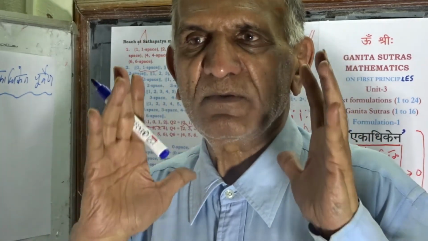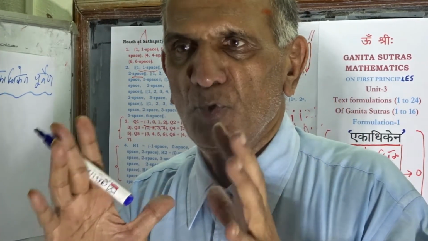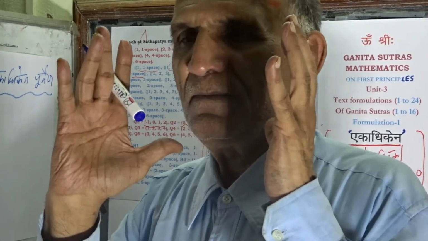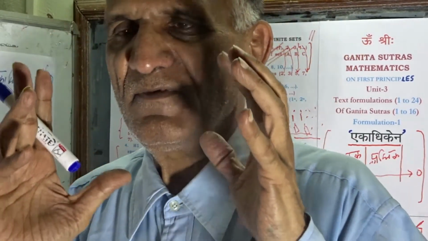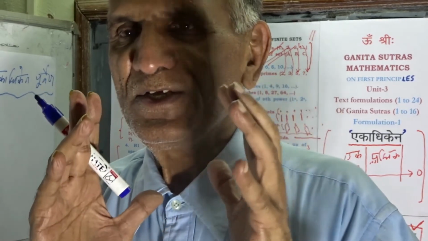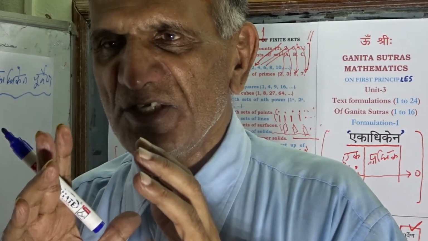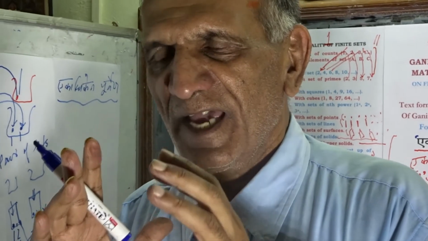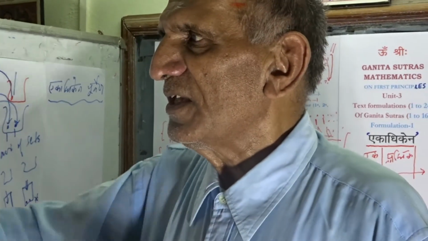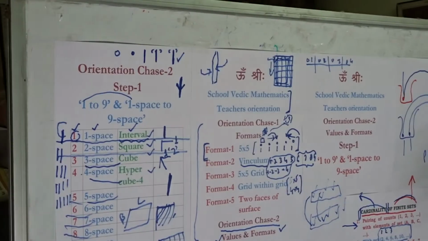So the best of the best mathematicians you are, and the top intelligence is awaiting for you, provided you are very sincere friends and your friendship with numbers 1 to 9 is of that bliss.